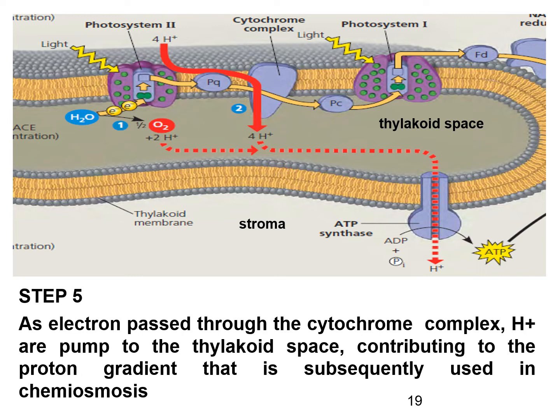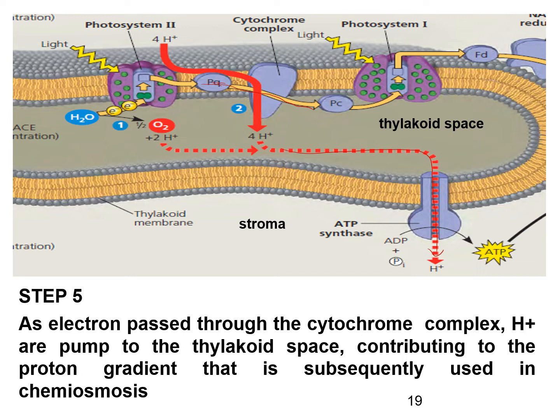While the electron is being transferred through the series of electron transport chain, the hydrogen ions will be pumped and involved in chemiosmosis, similar to what happens in the electron transport chain.